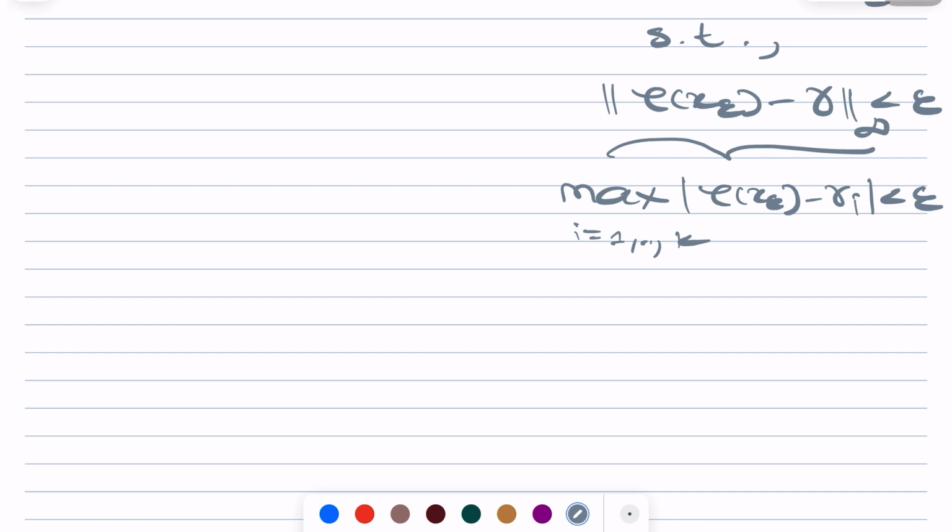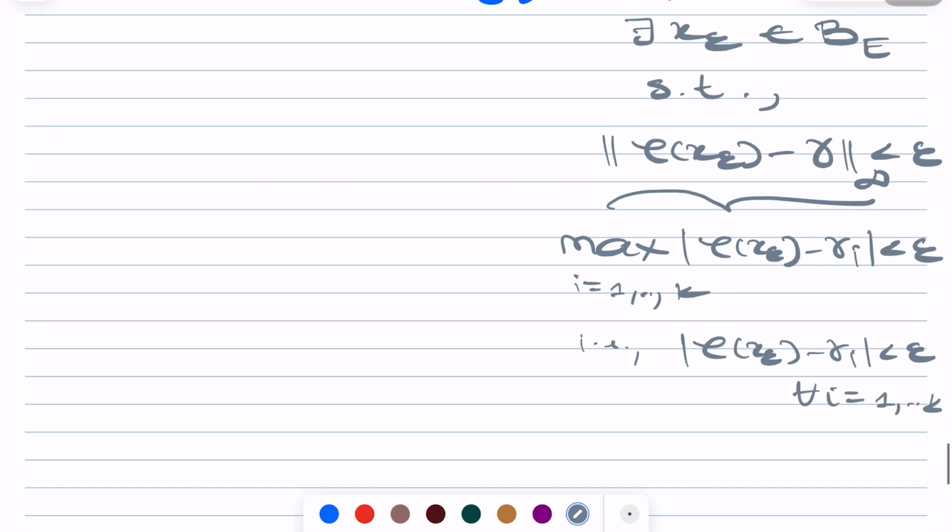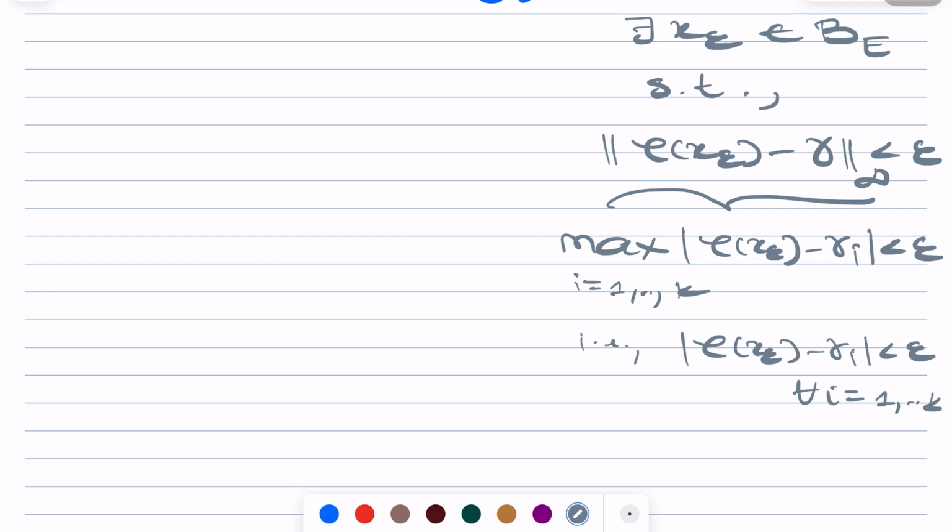So phi i of x epsilon minus gamma i is less than epsilon, holding for every i moving from 1 up to k. Okay, good. This was just to remind you, so let's keep it separate.